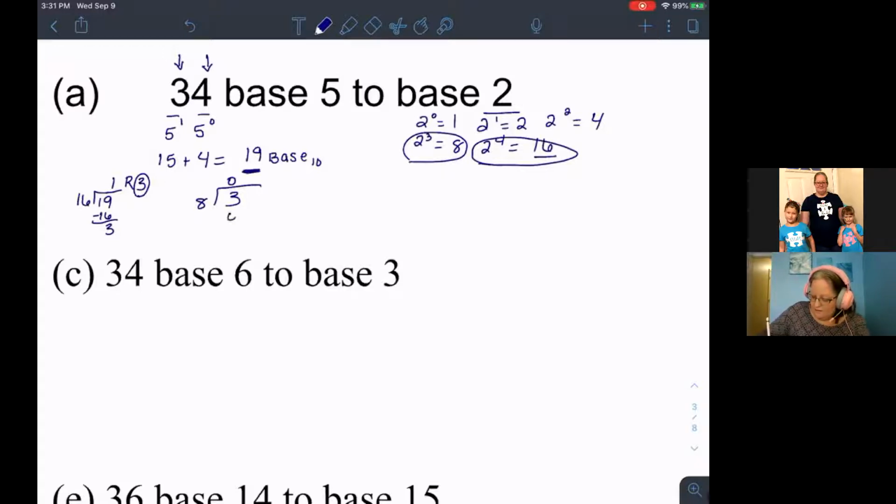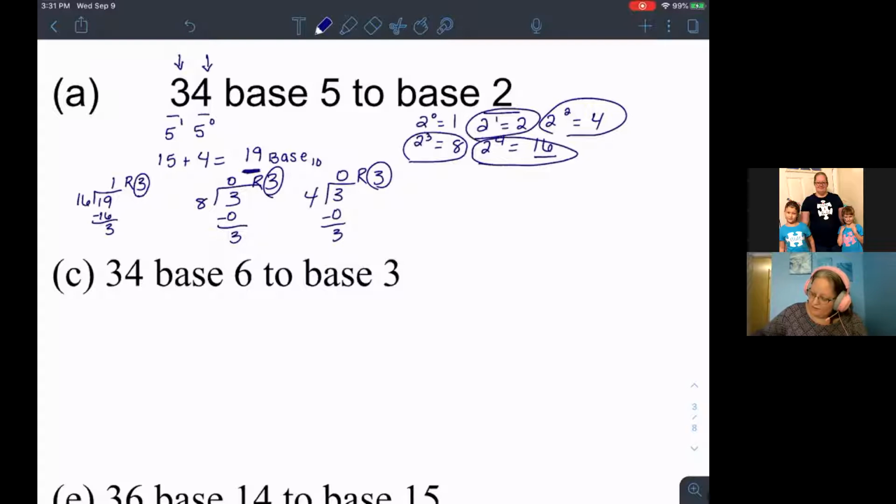And so that would be 0 with a remainder of 3 still. And then now we're on the 4. So we need to do 4 divided into 3, which is still 0 with a remainder of 3.